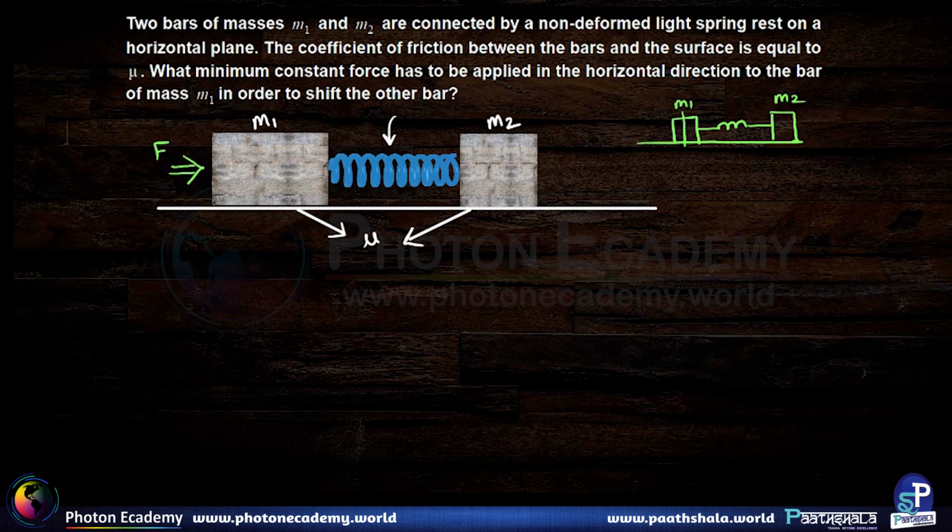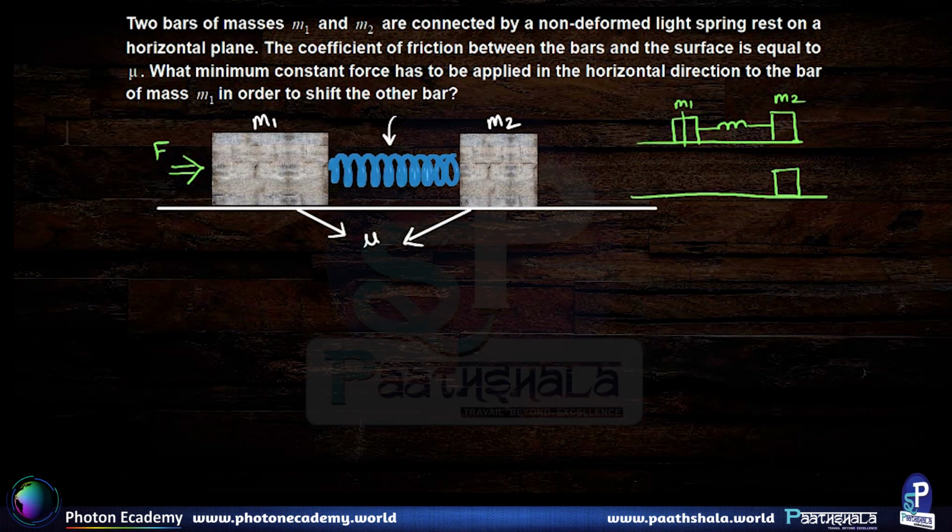Now if we compress this and let us say m2 is just about to move, when m2 is just about to move, it is understood that the friction force acting on m2 is nothing but mu m2g.